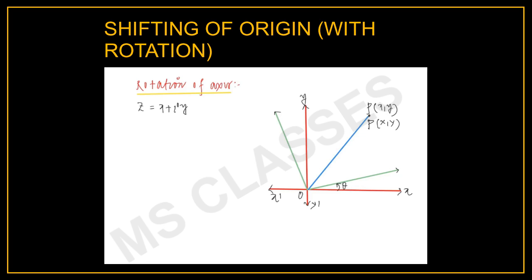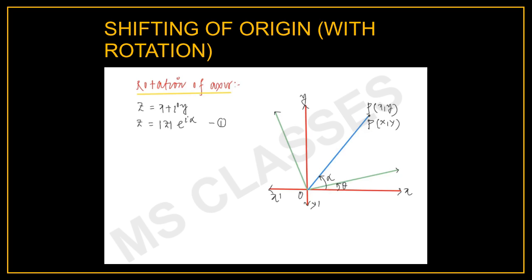In the Euler form, this complex number z can be represented as mod z, which is the length OP, into e to the power of i alpha, where this angle we are taking as alpha. So z equals OP into e to the power of i alpha. Now, we take this as equation 1.